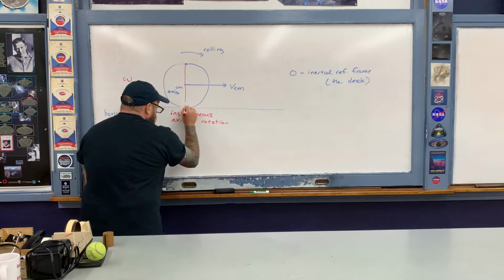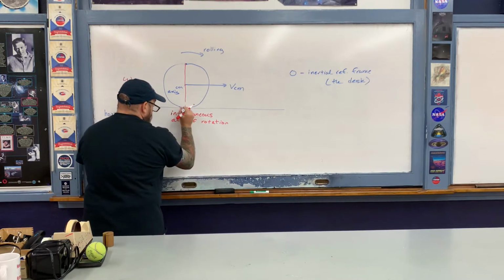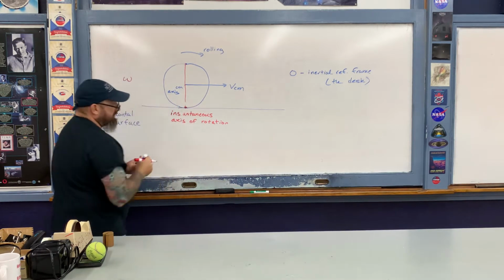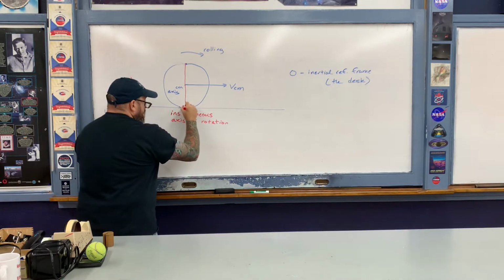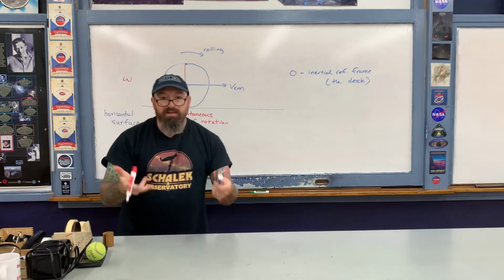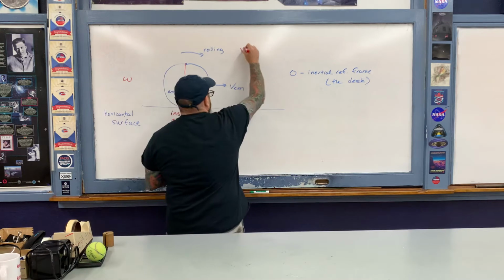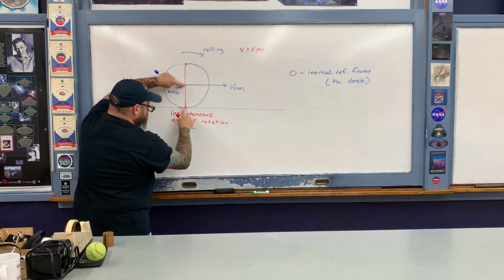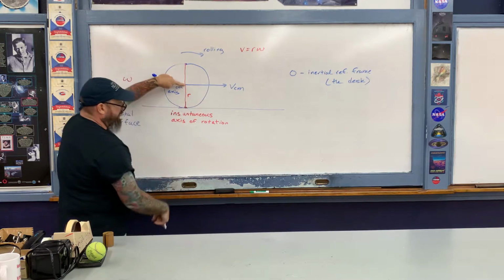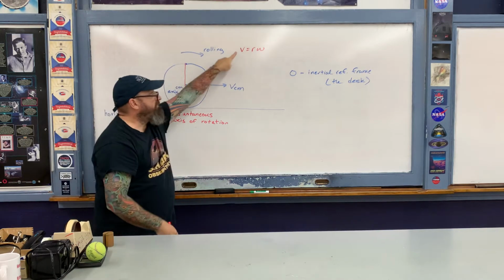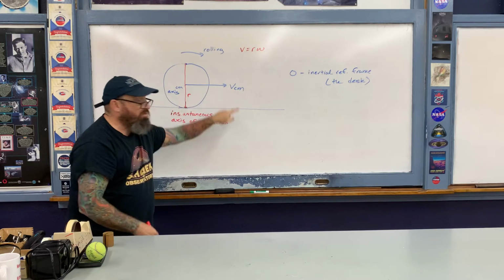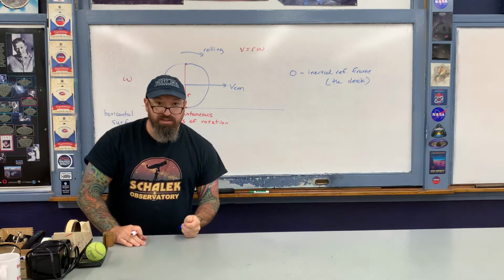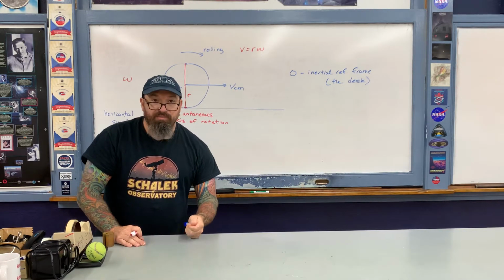And once again, that's with respect to this point right here, the instantaneous axis of rotation. Now, recall the following basic kinematics expression: v equals r omega. Let's say that right here is the radius of the ball. Call that r. And then the v in v equals r omega is what I've already defined as VCM. But now let's take a look at the top of the ball.